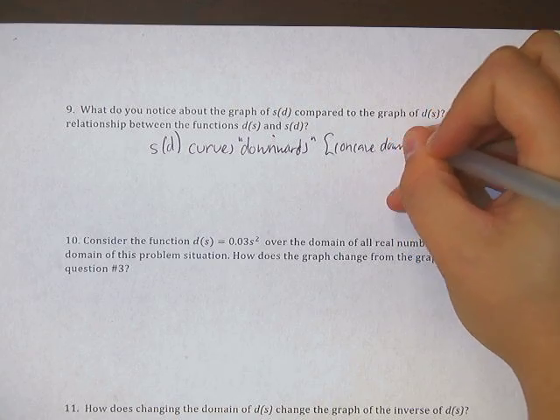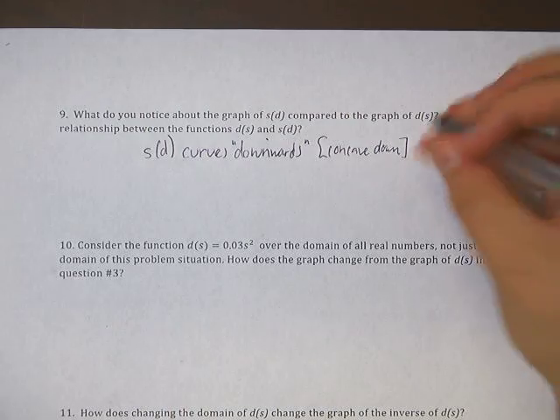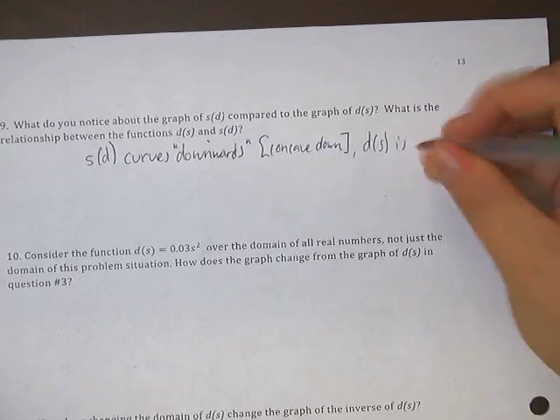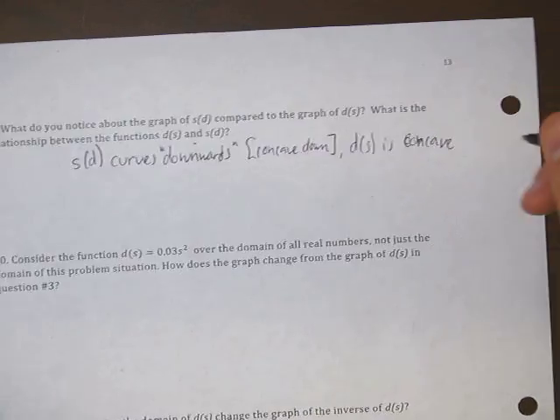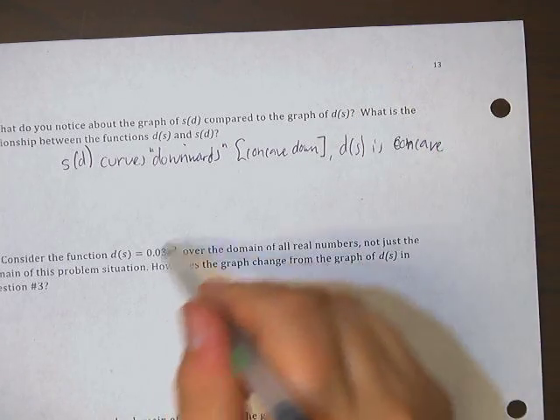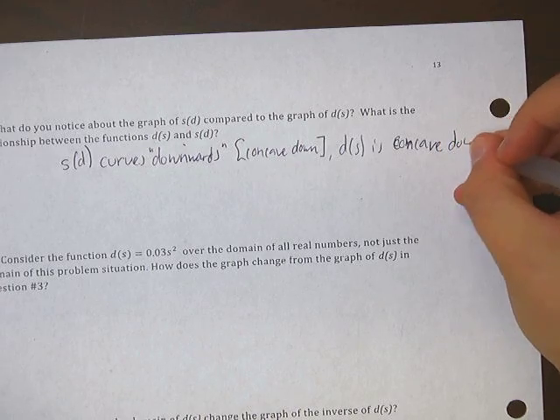All right. Well, what do you notice about the graphs of SD compared to the graph of DS? Well, SD curves kind of downwards. It's not quite the best word. Another word for this is concave down.